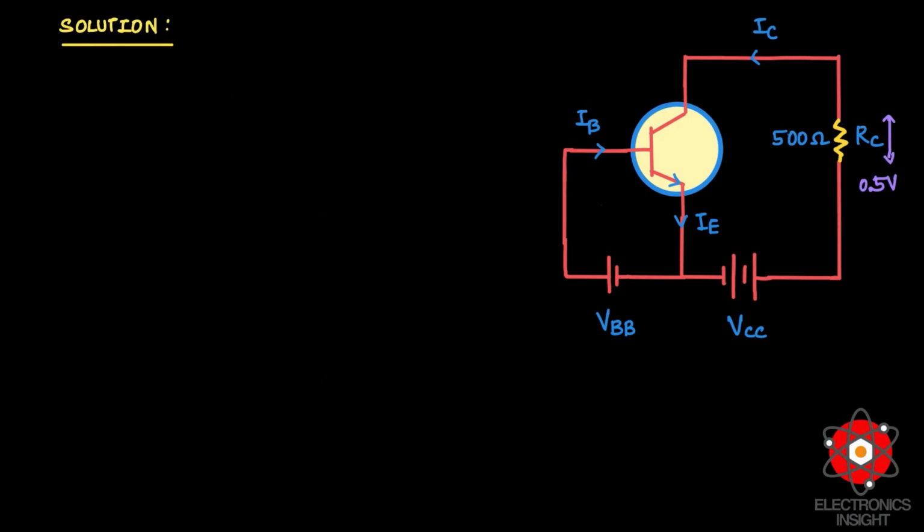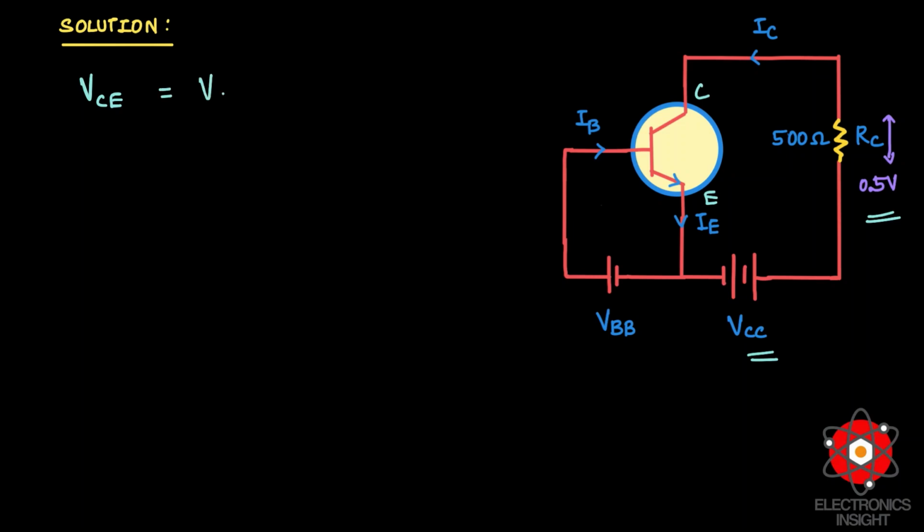Now to find the first parameter, the collector to emitter voltage, this is your collector terminal and this is the emitter terminal. Across this you have a voltage which is the collector to emitter voltage VCE, and here you have the collector terminal which is connected with VCC also, and there is a voltage drop which is ICRC. That voltage drop is already given as 0.5 volt.